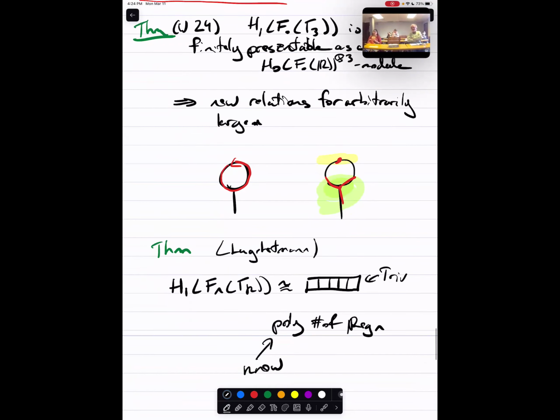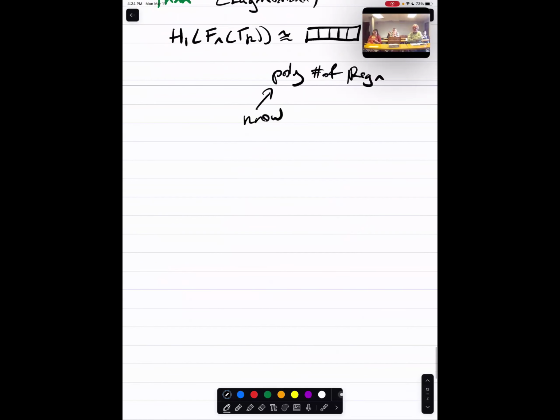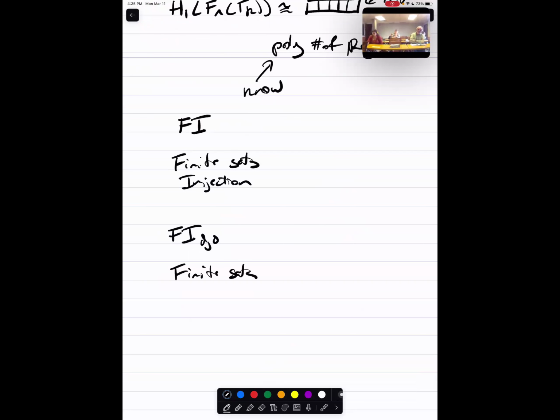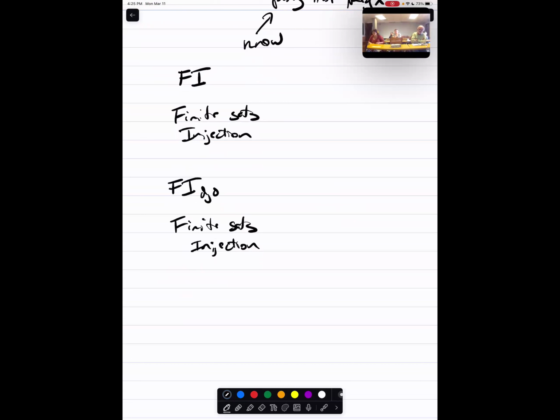So in the way I write this paper, the Church-Ellenberg-Farb result uses the category FI, which is the category of finite sets and injections. In my case, I use a category that I call FIDO. Again, we have finite sets and injections. For those of you familiar, this is much like something that Eric Ramos described, where we now have a decoloring of the complement of the image.